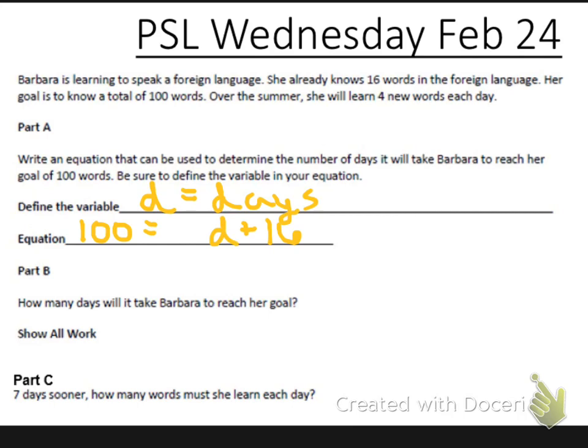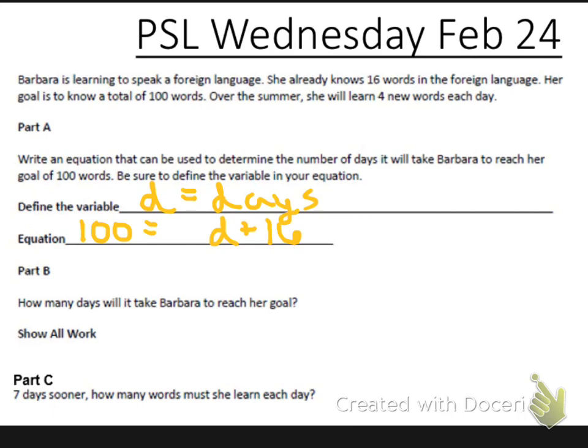I need to know my slope, or my rate of change. Well, what makes the difference here? Well, we know that she's going to learn 4 words per day. Remember to look for that word per when you're trying to find the rate of change or the slope. You'll almost always see that word per.